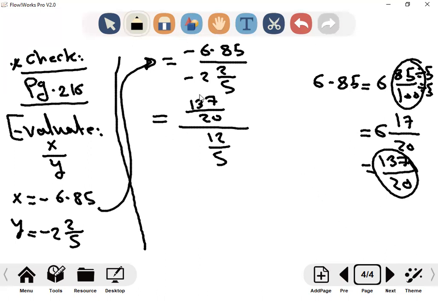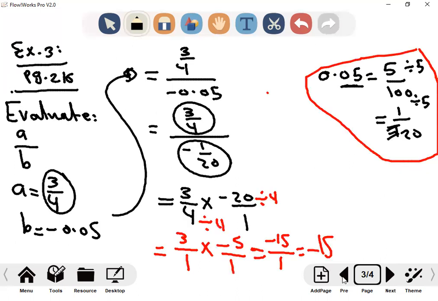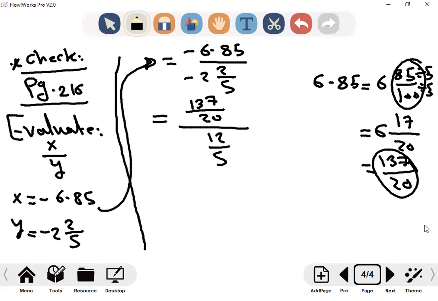Because negative divided by negative is positive, no need to put it. But in the previous check, we had one negative, it still comes down until the end, right? So here, let's apply the formula. 137 over 20, the division becomes multiply, the second fraction, flip it. It will be 5 over 12.